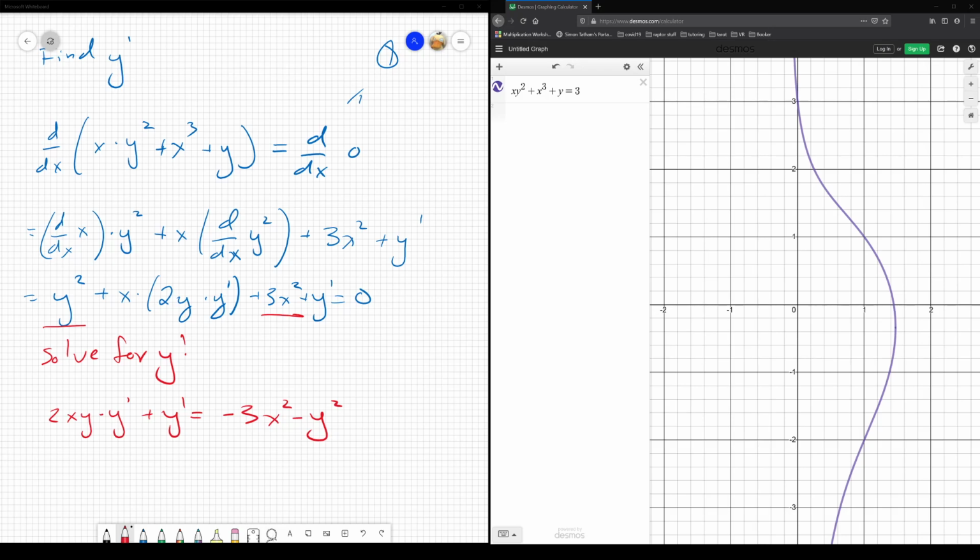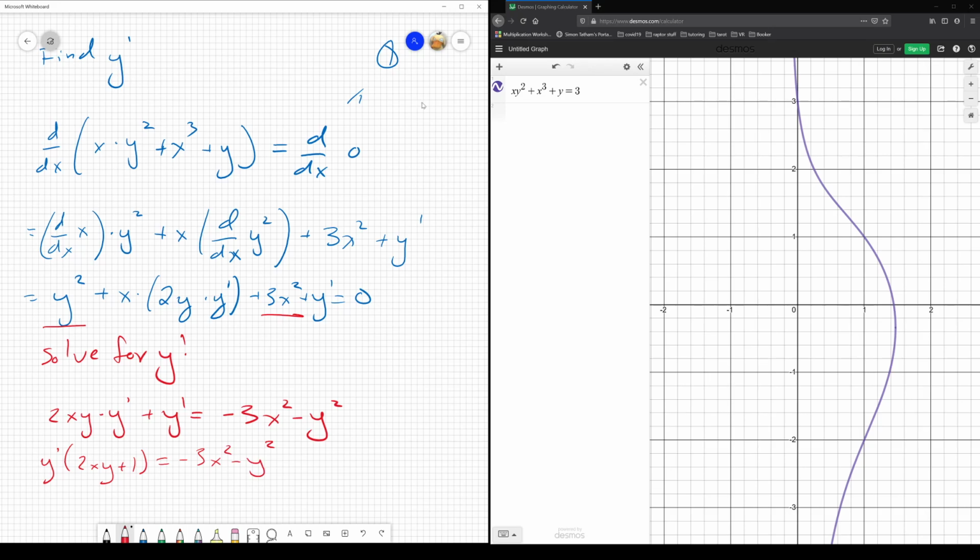So then what I'm going to do is factor out the y prime. If I factor y prime out here on the left, I'm going to get y prime times 2xy plus 1, and that's going to equal negative 3x squared minus y squared.